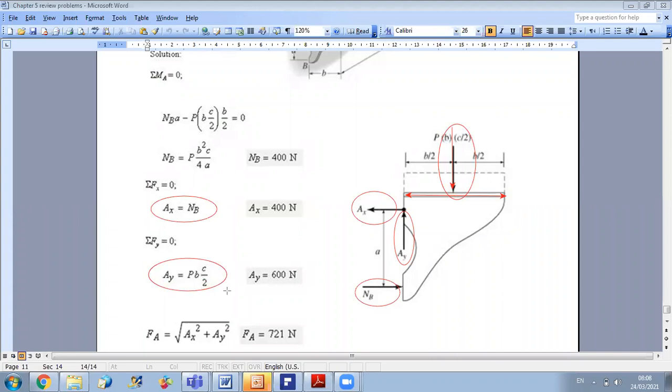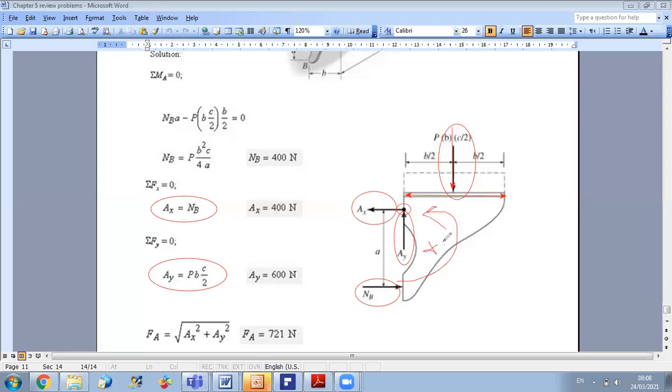We still need the third relation to close the system. So we can do sum of moments about any point in the figure. In particular, A is the best choice because AX and AY both pass by A. So if we do sum of moments about A, choosing a positive direction, let us consider that counterclockwise is positive.